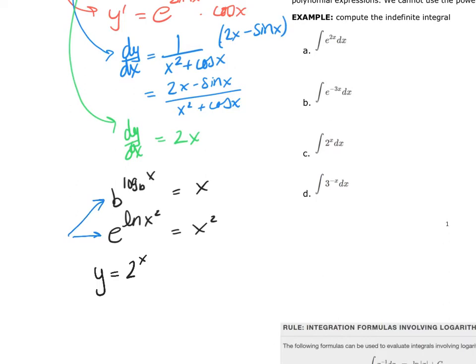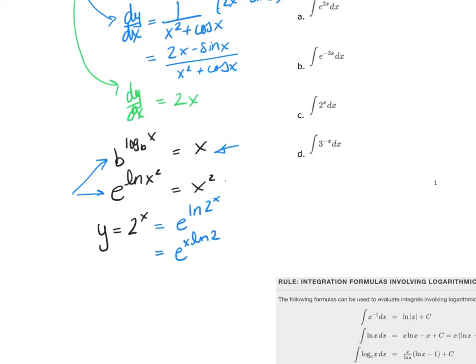So if I'm asked to do that, I'm going to rewrite this as e raised to the natural log of 2 to the x, because I'm using this rule right here in reverse. And then I'm going to use another rule that says if I have an exponent, I can bring that down in front. So this is e raised to the x natural log of 2.